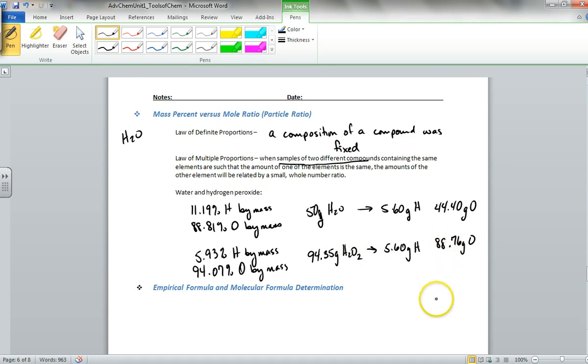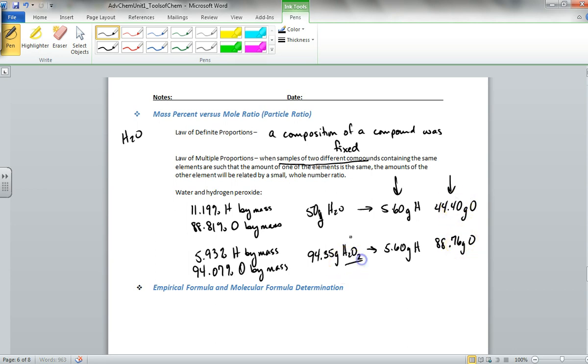And the interesting thing about this is that for the same amount of hydrogen, take a look at the amounts of oxygen. It may not be too surprising to us because we know what hydrogen peroxide is, but before they knew what the formulas were, they were surprised to find out that there's actually twice as much oxygen in this other compound.